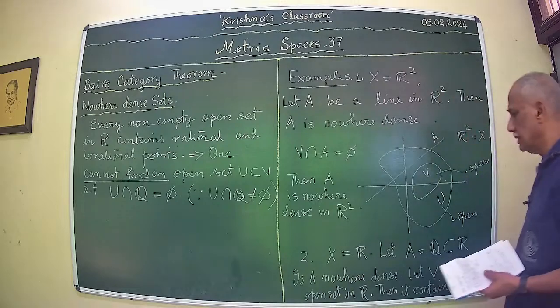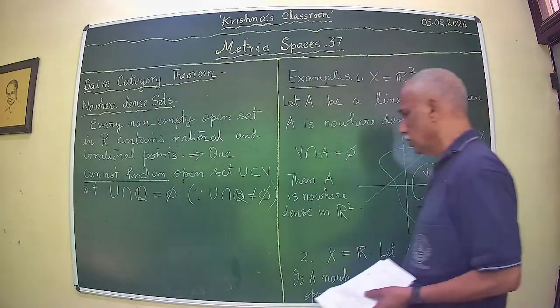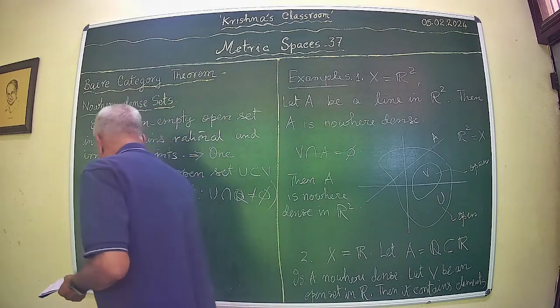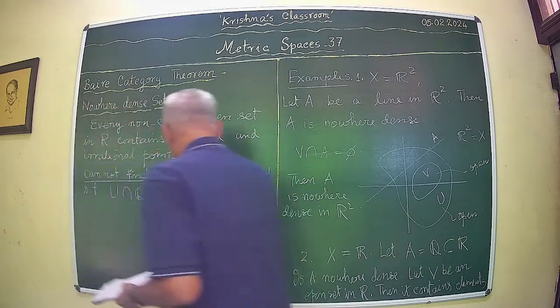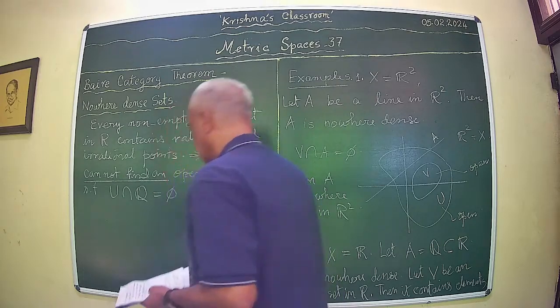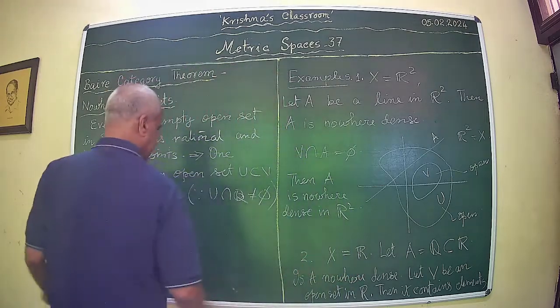So this is an example of a set which is not nowhere dense.